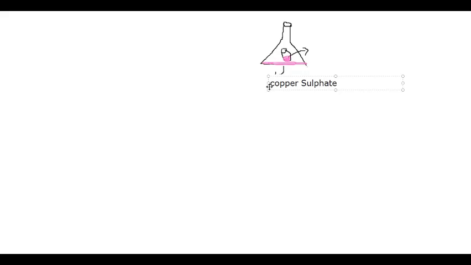And the one in the tube is sodium carbonate. Now we will imagine that the sodium carbonate and the copper sulfate together have a total weight of 12 grams. Total mass is equal to 12 grams.